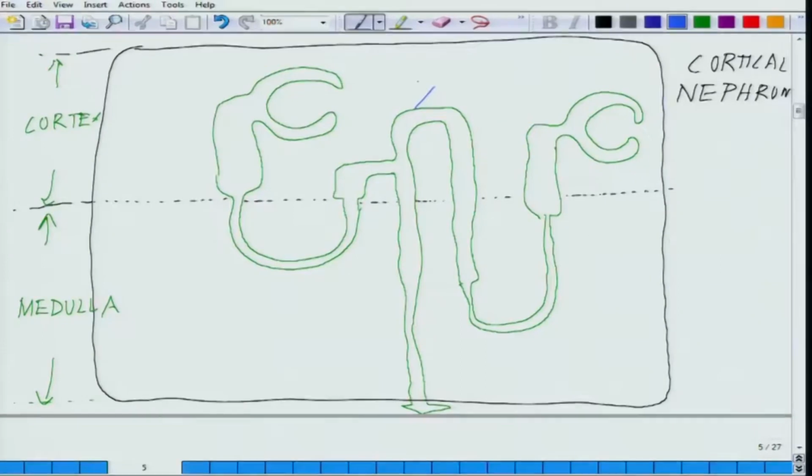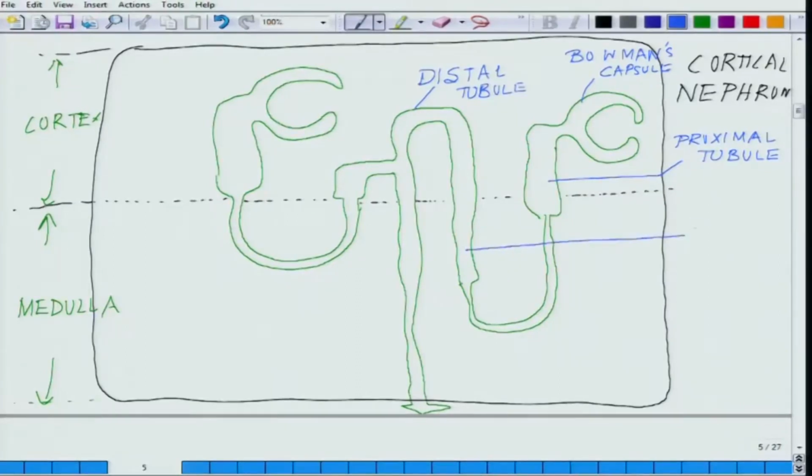This region is called the distal tubule, this is called the Bowman's capsule, this part is called the proximal tubule, this one is called the thick segment, and this one is called the thin segment.